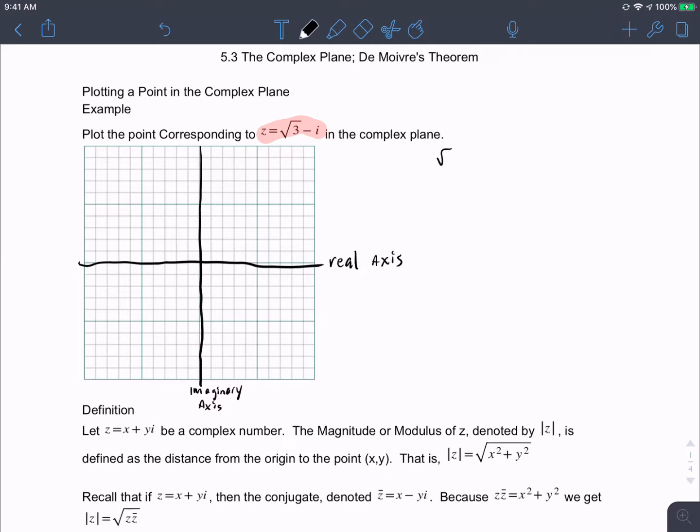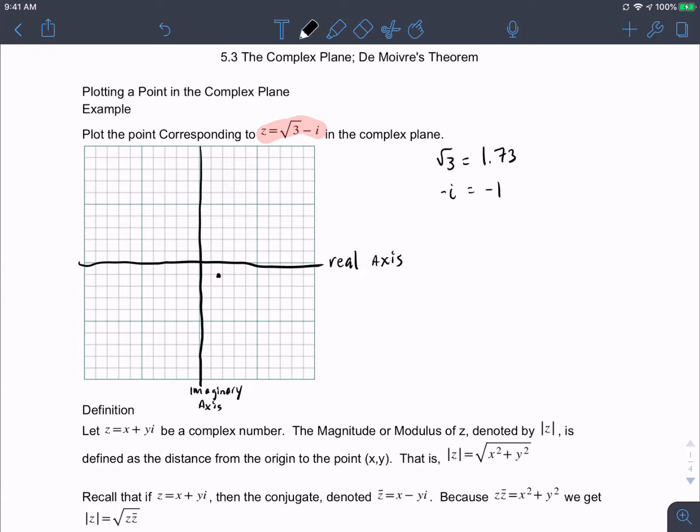And so one thing that we need to know is square root of 3 is about 1.73, and negative i along the imaginary would be like going down 1, right? Like a negative 1 on the y-axis. So then 1.73, negative 1 would be right there.